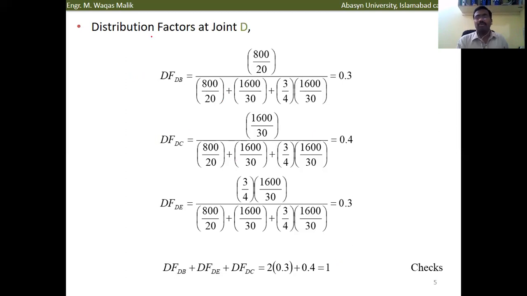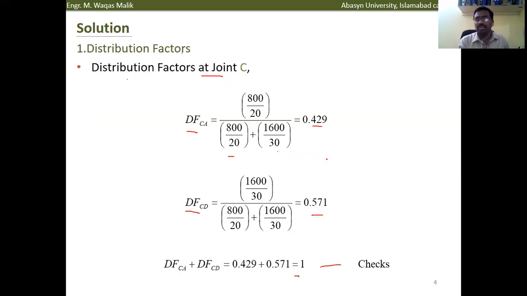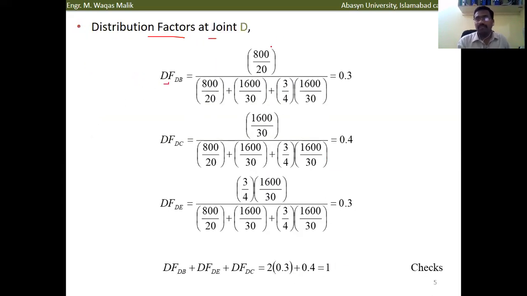Then we will find the distribution factors at joint D. At joint D we have three members connected: one is the member CD, another is the member DB, and the third is the member DE. So we are going to use these three member stiffnesses.